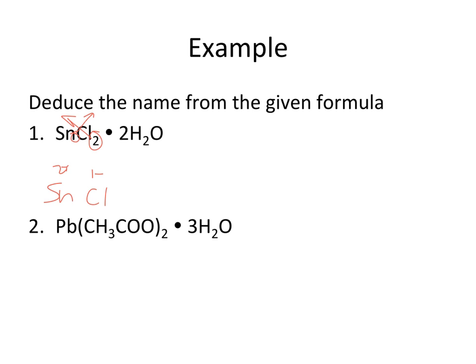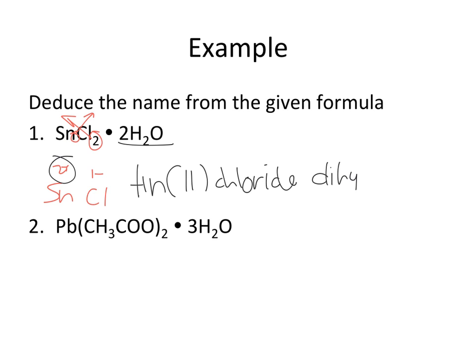So our next check is the charge that I would see of chlorine on the periodic table. In fact, it is. So that means that the charge of tin is in fact 2. So I'll write tin 2 chloride. Now I do have 2 water molecules, so this coefficient turns into a prefix of di, and it's hydrate.